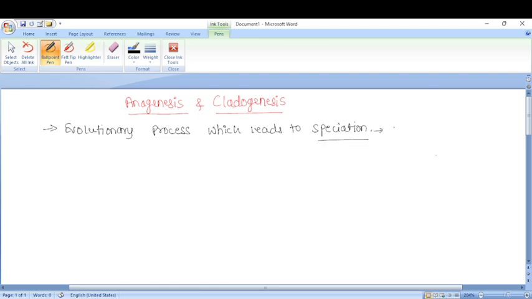Speciation is nothing but the formation of new species. These two processes lead to the formation of new species.